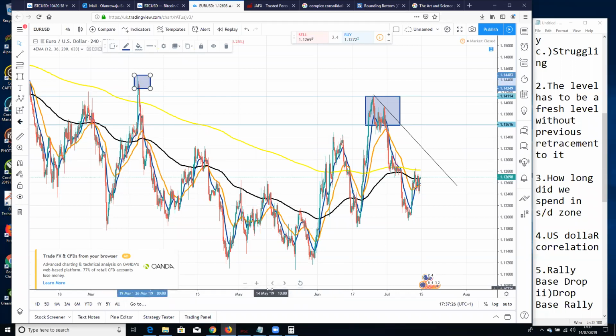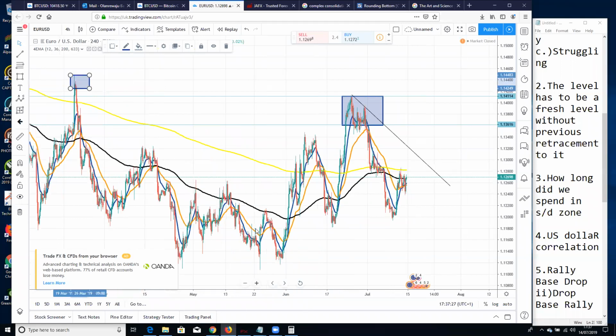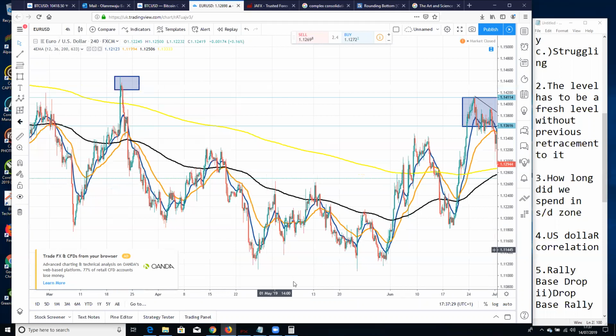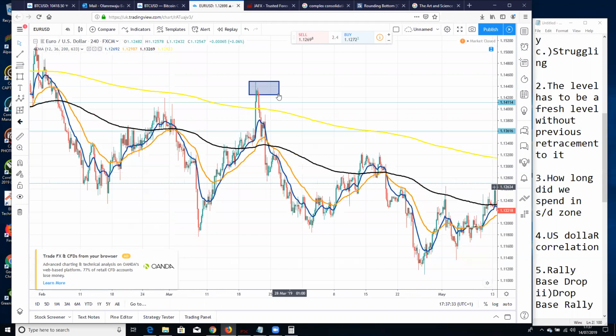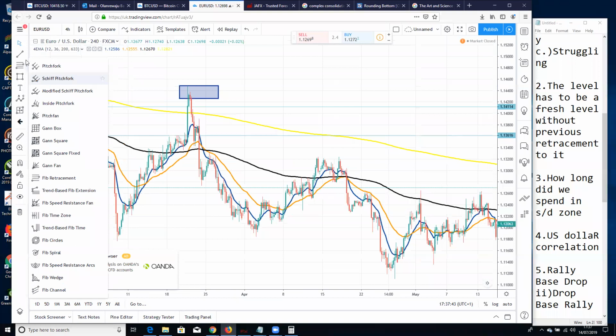So this particular little zone is the freshest level that we haven't seen since April as well. We haven't seen that level since April, and that's where price starts to sell off.